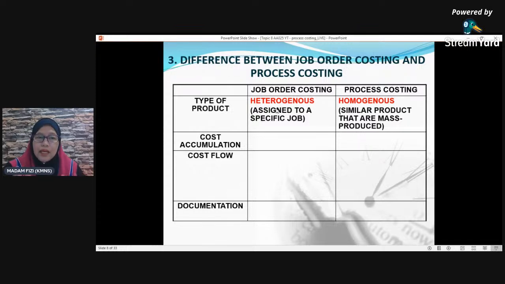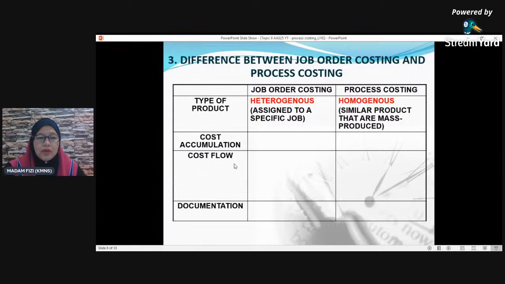Kenapa ada pelbagai produk? Because it is based on the customer specification order. But for process costing, the product is homogeneous. Maksudnya produk dia sama, similar product dan they are mass product. Maksudnya similar product dan dia dibuat secara pukal ataupun banyak.